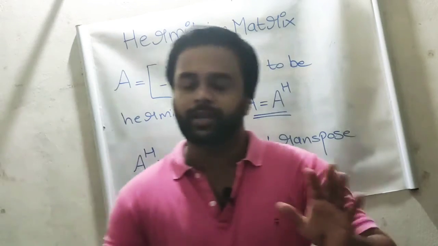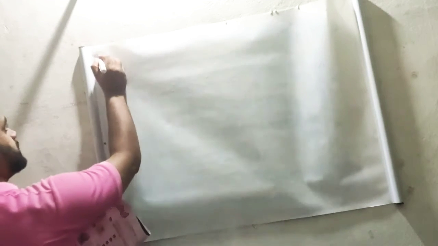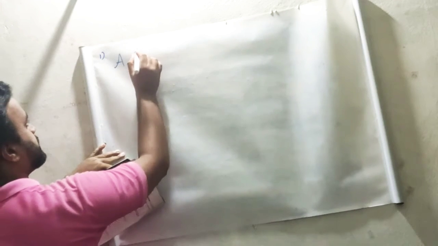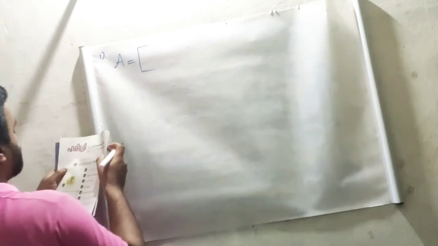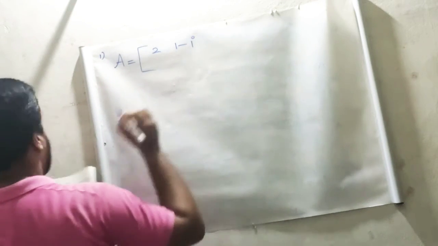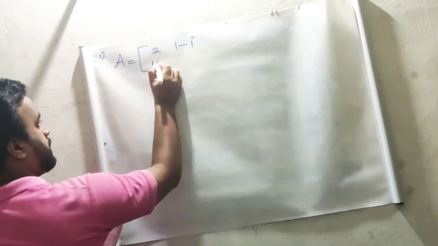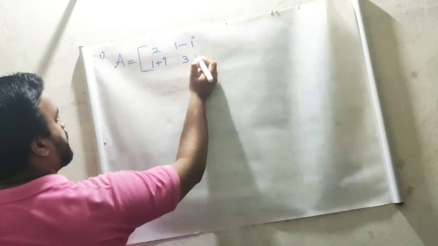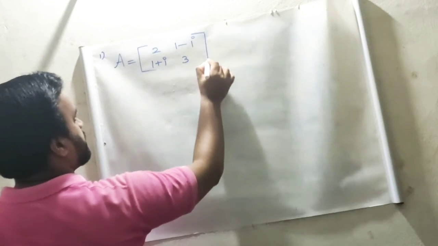Okay, this is all about theory. So let's do a problem. In our first problem, a matrix A is given as A equal to [2, 1 minus i; 1 plus i, 3].